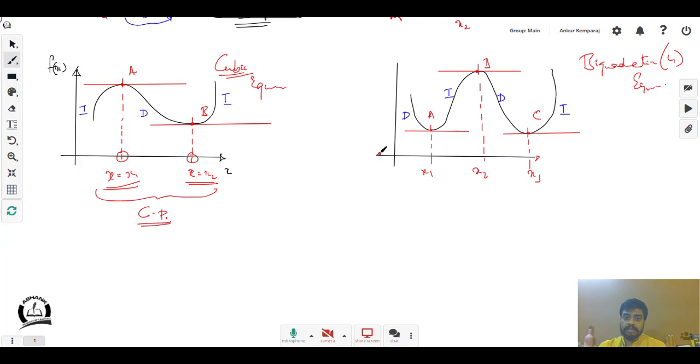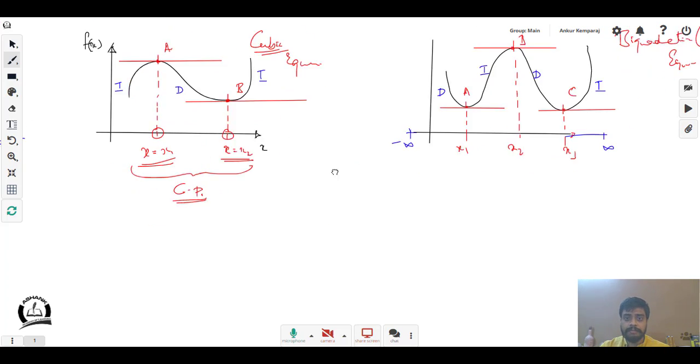All right. Now in this case, your domain can be from minus infinity to plus infinity. Because it's a polynomial equation, I'm going to take my domain from minus infinity to plus infinity. I don't know how the whole shape of the graph goes, but this is pretty much how we have it for now.